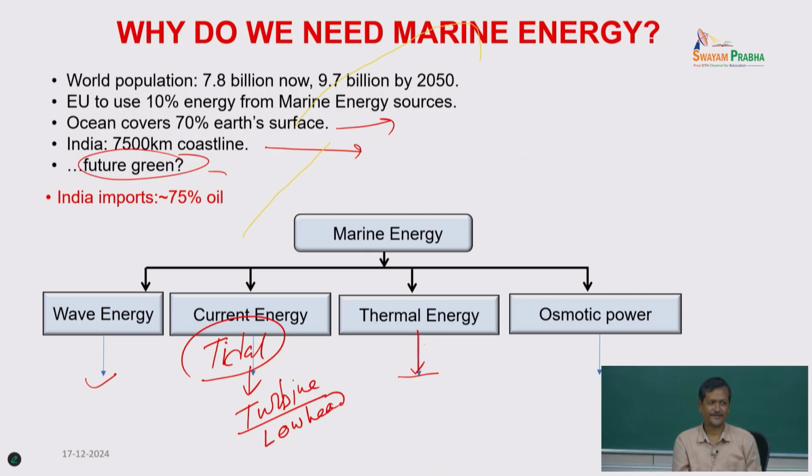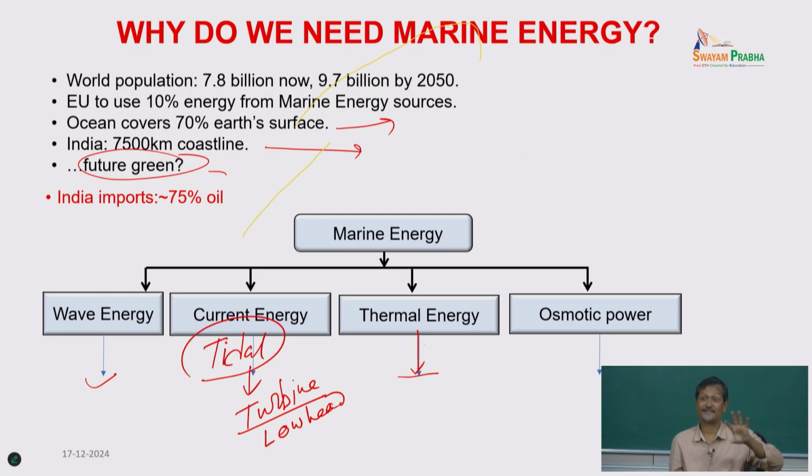So NIOT, National Institute of Ocean Technology, you know already, this is near IIT Madras, Pallikaranai. They have developed an ocean thermal energy converter, and their temperature difference is about 20 degrees, they are running their system on a 20 degree temperature difference. In a steam turbine, your temperature difference will be 400-500 degrees centigrade.